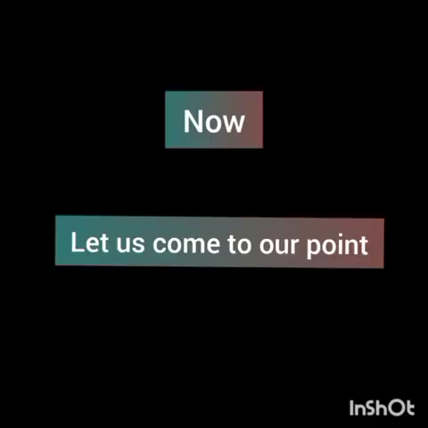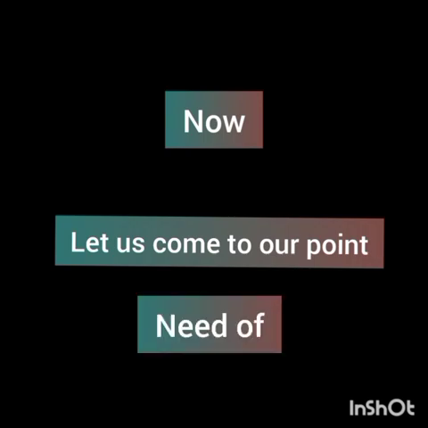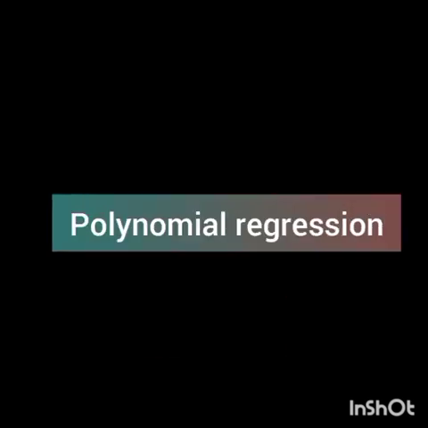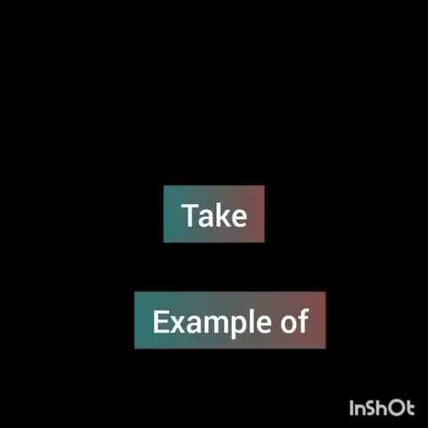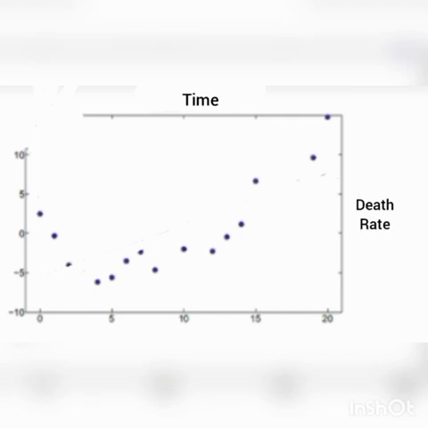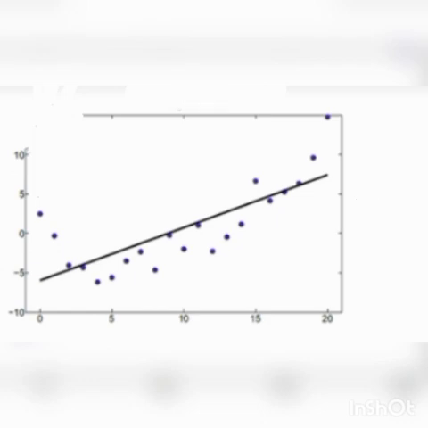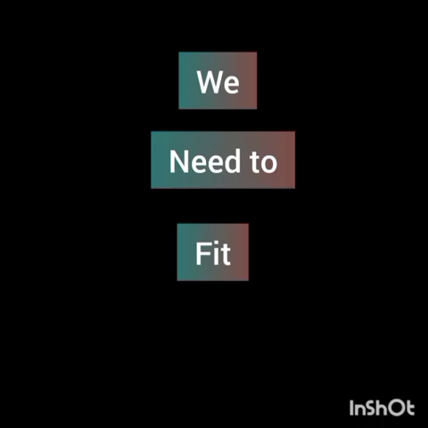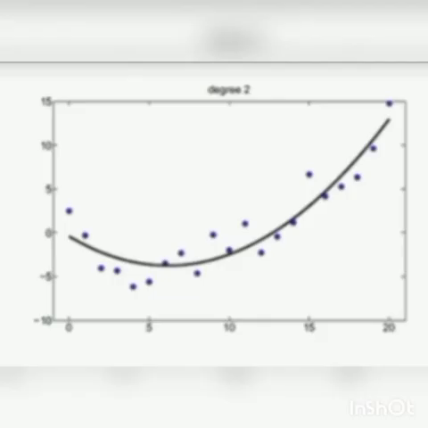Now let us come to our point, the need for polynomial regression. Let us take the example of death rate and time. In this situation, we can't fit a straight line to the data points. Why? Because it is touching only one point, so we need to fit a best fit curve.